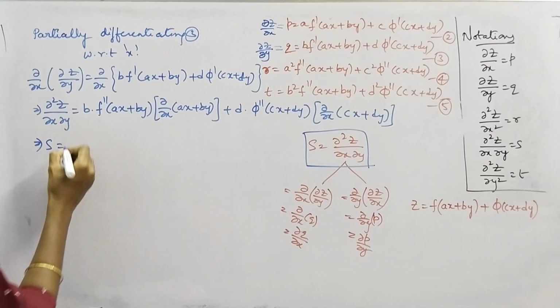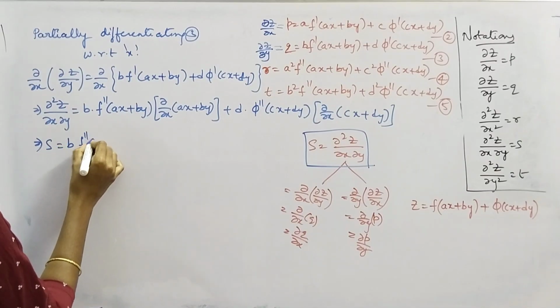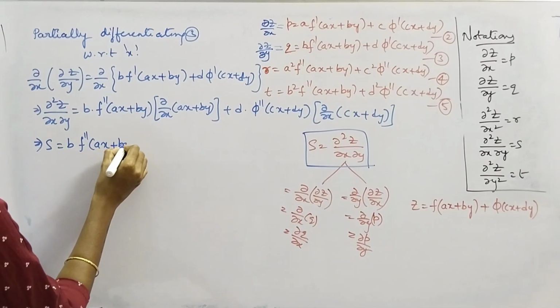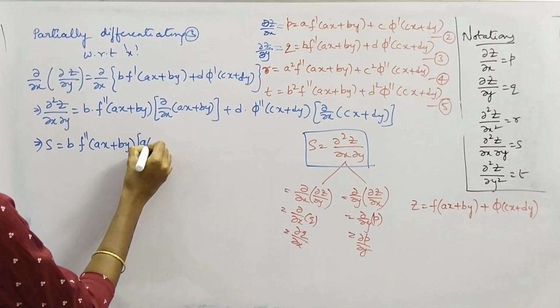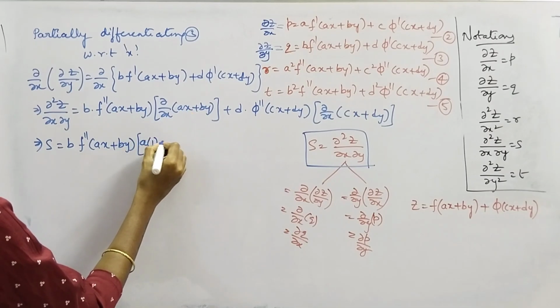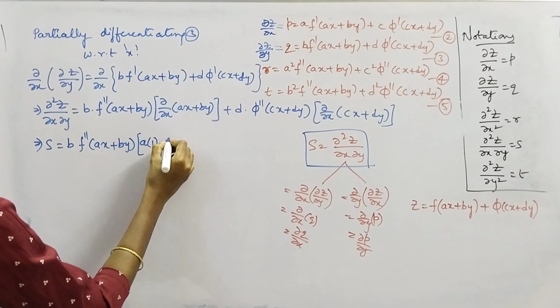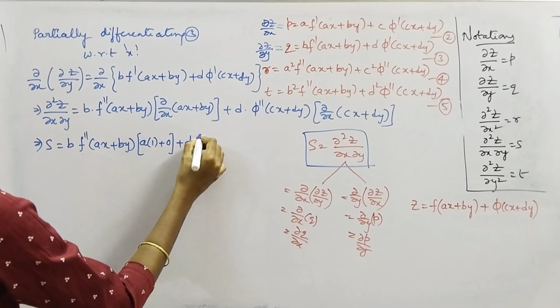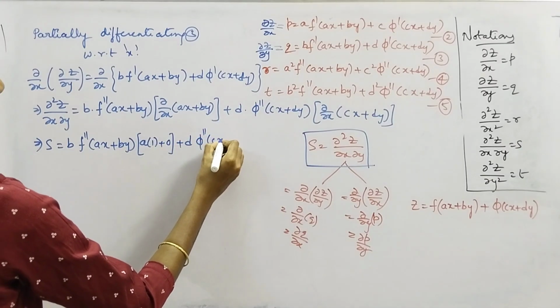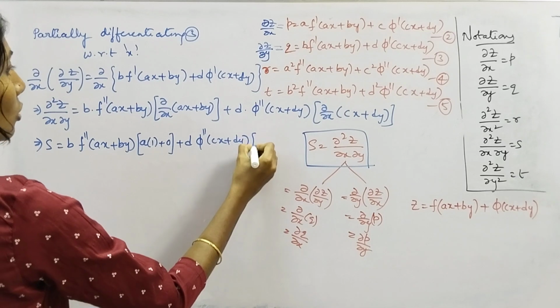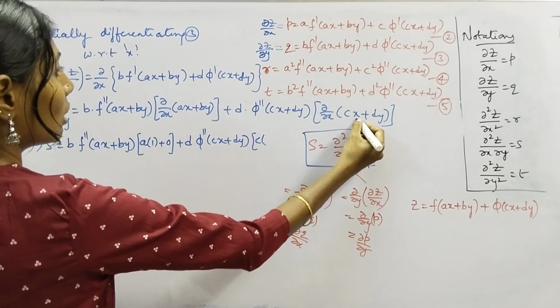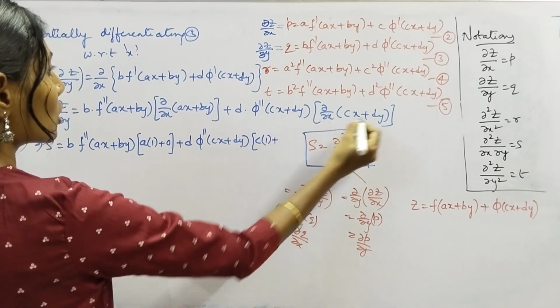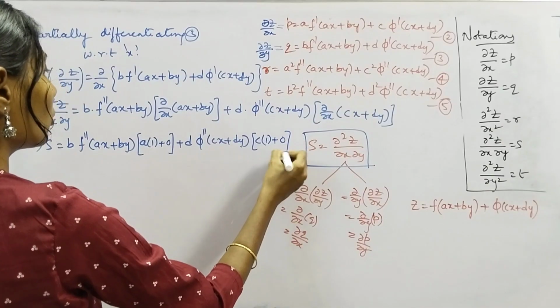We'll get s equal to b into f'' of (ax+by) into a into the partial derivative of x with respect to x, which is 1, plus the partial derivative of by with respect to x, which is 0, plus d into φ'' of (cx+dy) into the partial derivative of x with respect to x, which is 1, plus the partial derivative of dy with respect to x, which is 0.